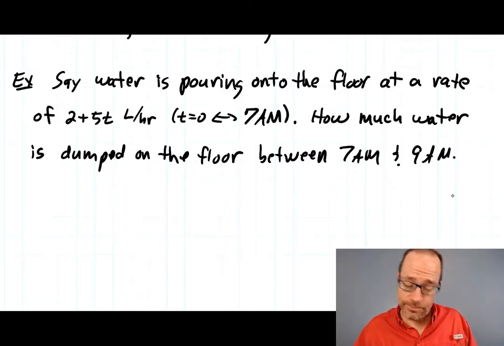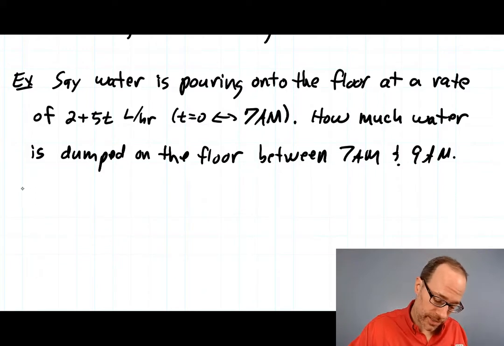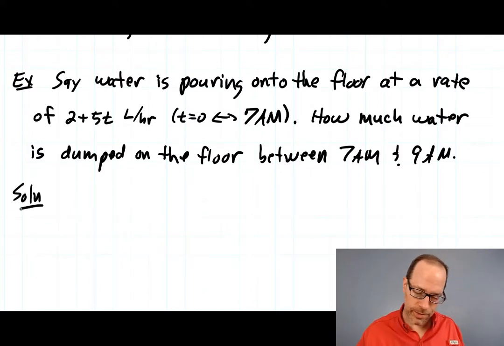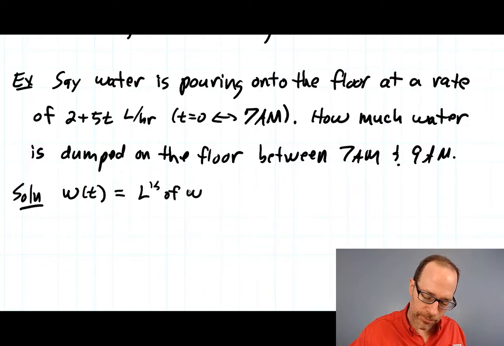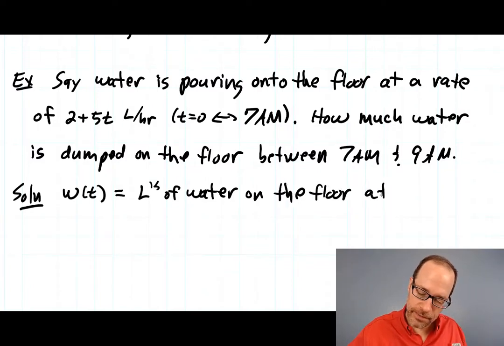Okay, well, the point is this. You should label something. Let W of t be the number of liters of water on the floor at time t.